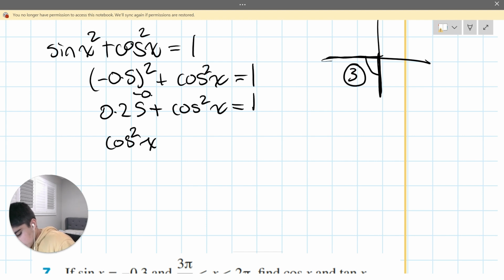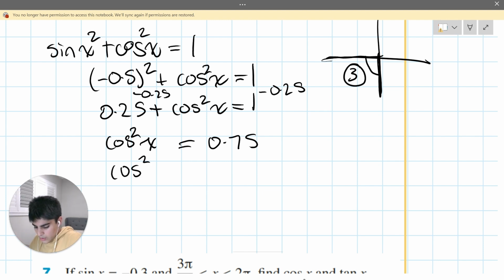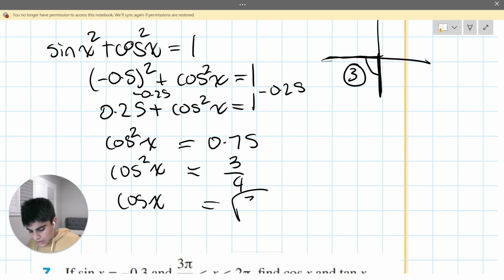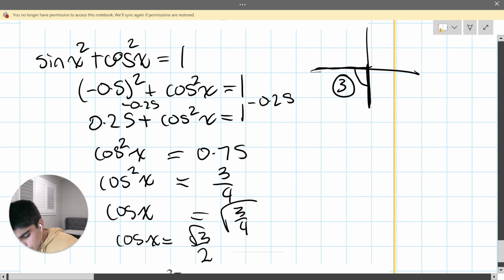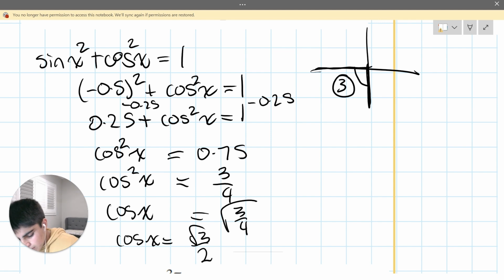Subtract 0.25: cosine squared x equals 0.75. Let's fractionalize this now. Cosine squared x equals 3 over 4, cosine x equals root 3 over 4, cosine x equals root 3 on 2.